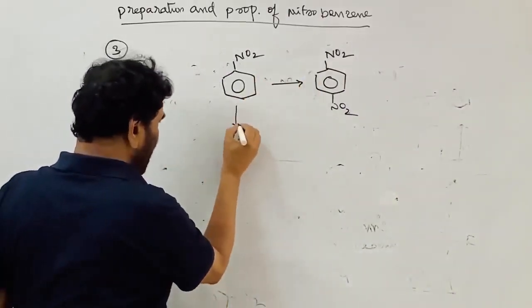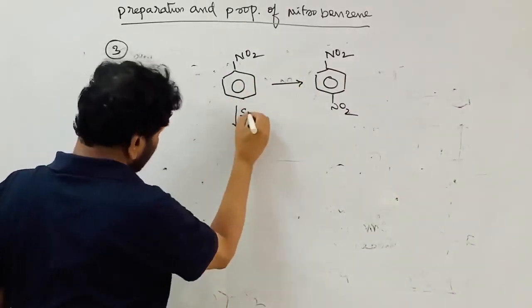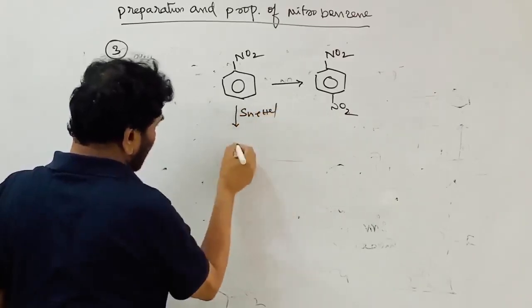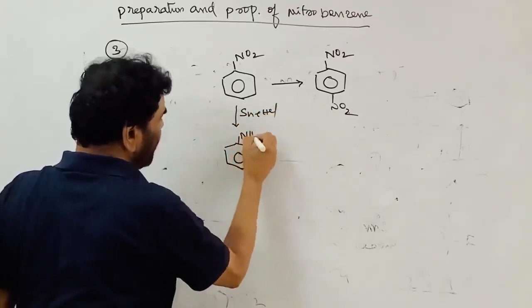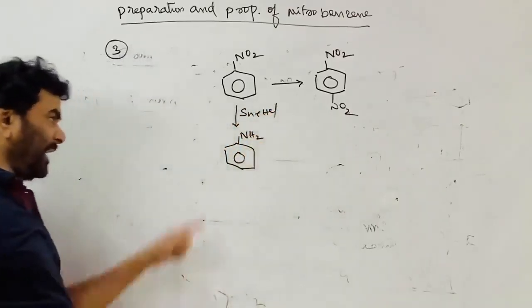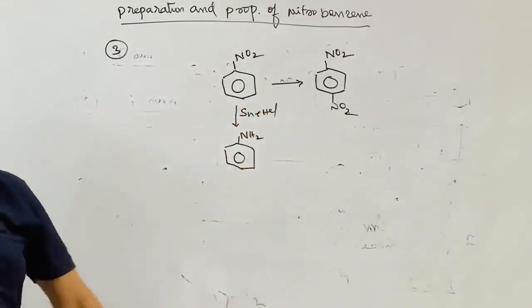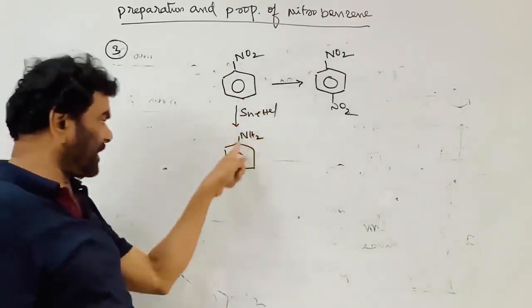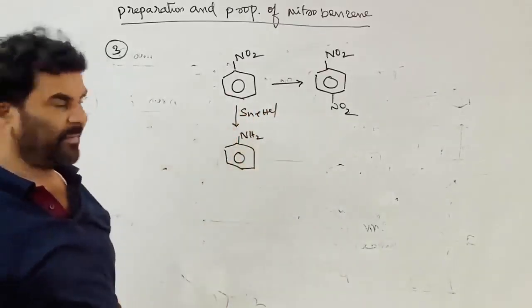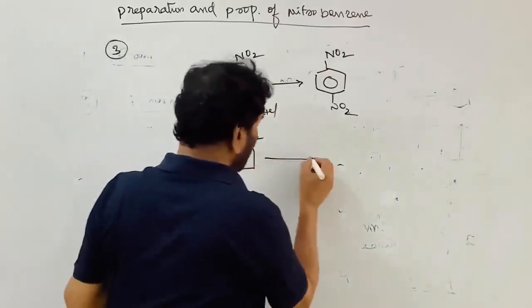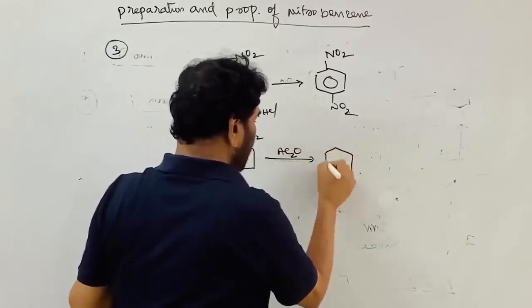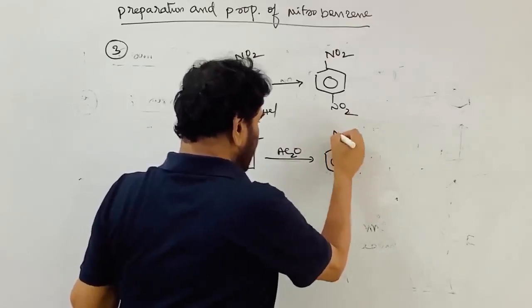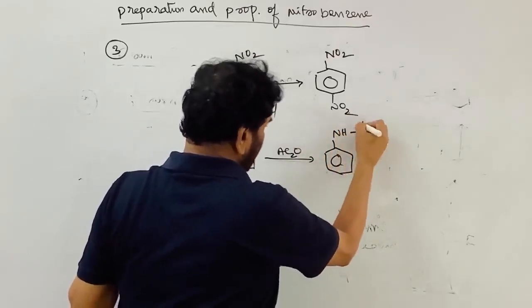So nitrobenzene has to be converted with Sn plus HCl into aniline by reduction. Now aniline is an OP director and ring activator, and its reactivity is increased. Now treat with acetic anhydride; it is converted into acetanilide.